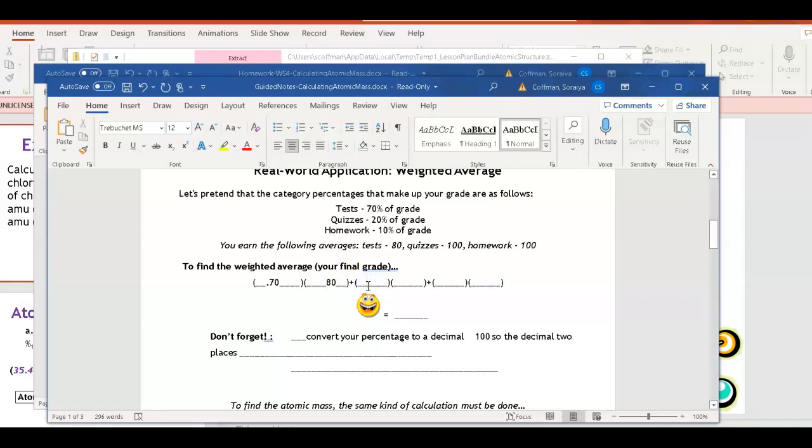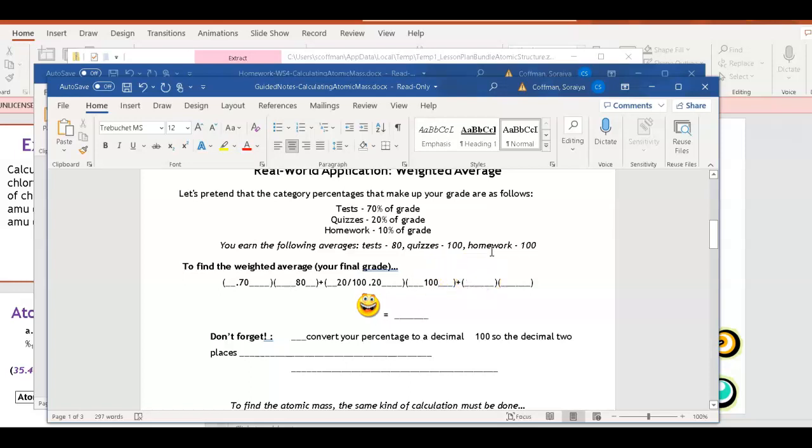And I really recommend that you guys just convert. I can show you 20 divided by 100. That's that. And so that's the same thing as 0.2. I know this isn't going to look right. And then that would be 100.